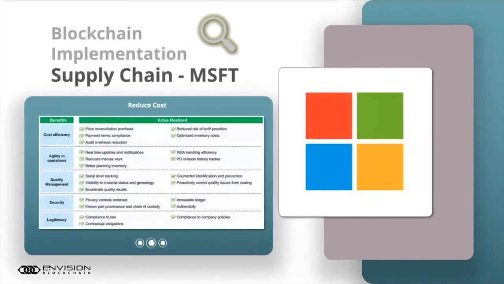Another type of use case over here is with the Microsoft supply chain. So this also deals with buyers and suppliers, but just generally speaking here, we're seeing a huge amount of cost reduction. And this talks about the different benefits of cost efficiencies.